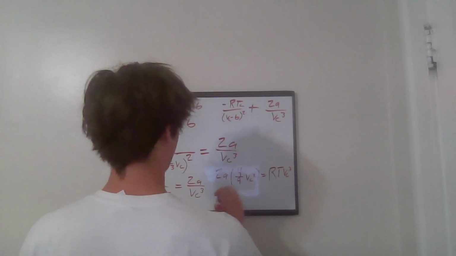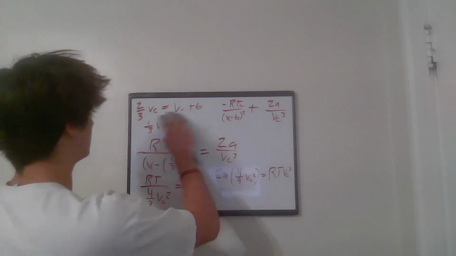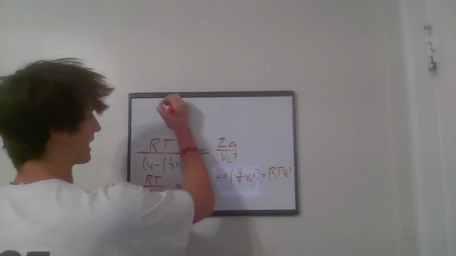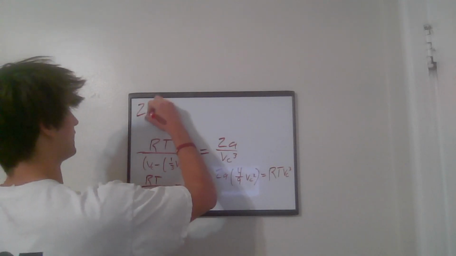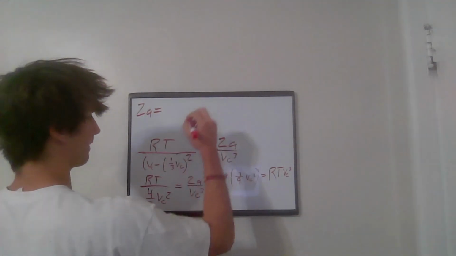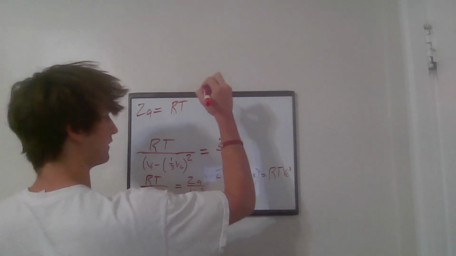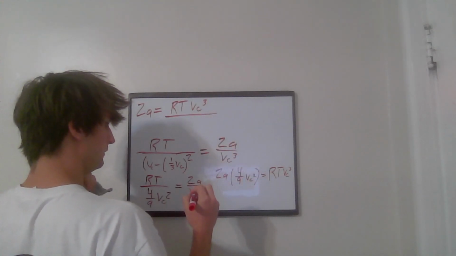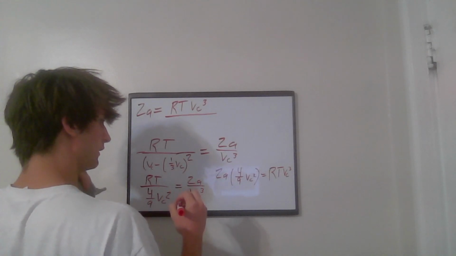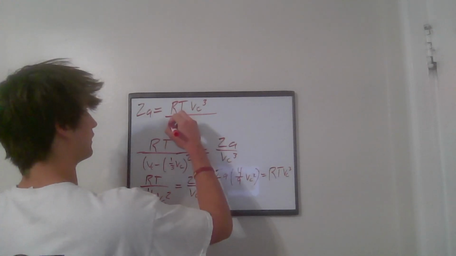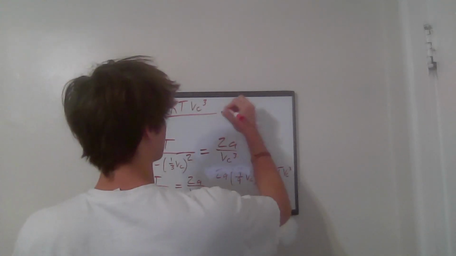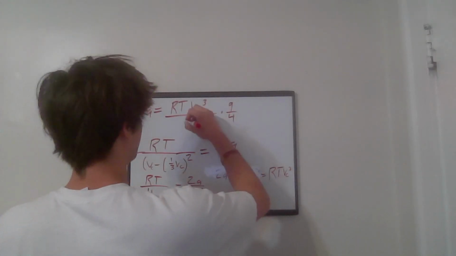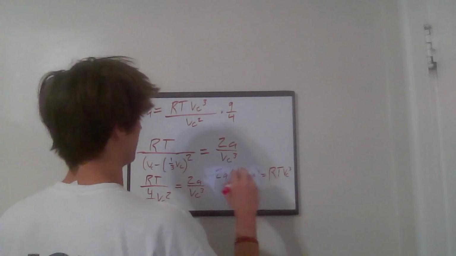So we can divide all of this. I'm going to write it up here because we're already done with this. So coming back up here, we have 2A equals our RT VC cubed all over, or I guess say times 9/4, and then VC squared is going to be on the bottom here because we're dividing.